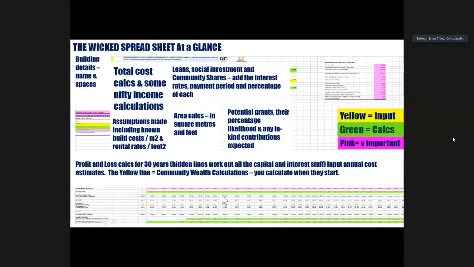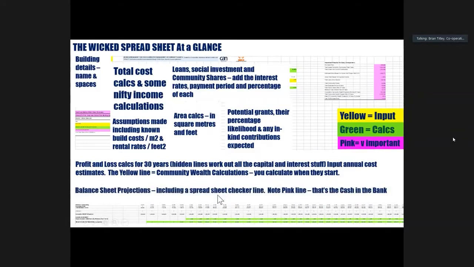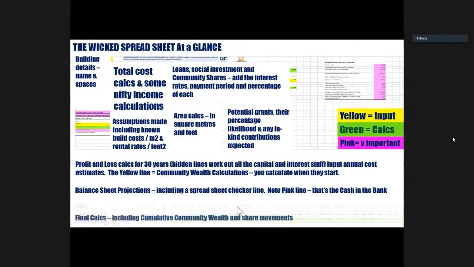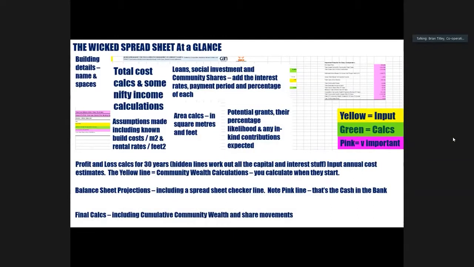Sorry, I think that's a pink one, but yes, that's balance sheet projections, including a spreadsheet line checker. So the pink line is the cash in the bank, and that's an important result cell, obviously. So final calculations, including community wealth calculations and share movements. If I just, there's the key on the left-hand side.